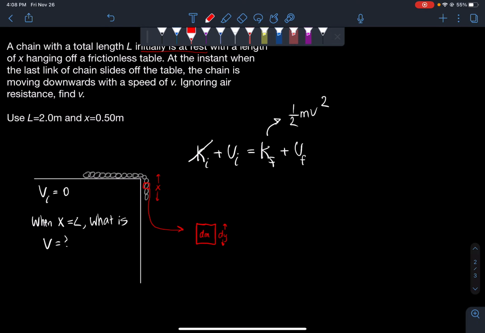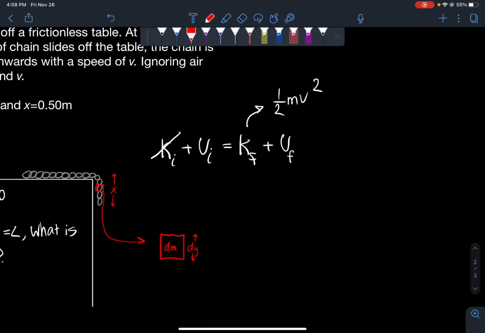Okay, so now let me just write down, gravitational potential energy is mgy. That's the generic formula for gravitational potential energy.